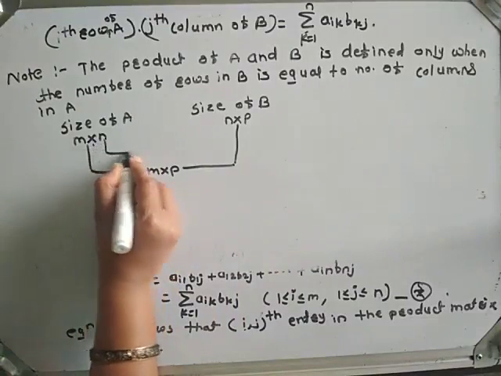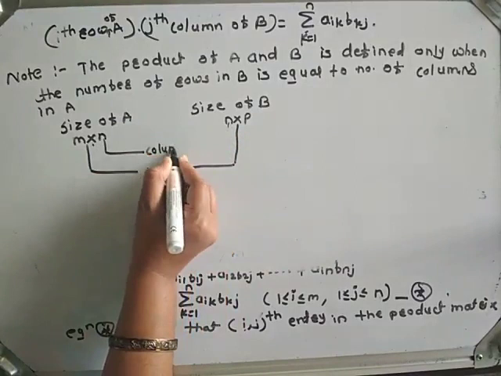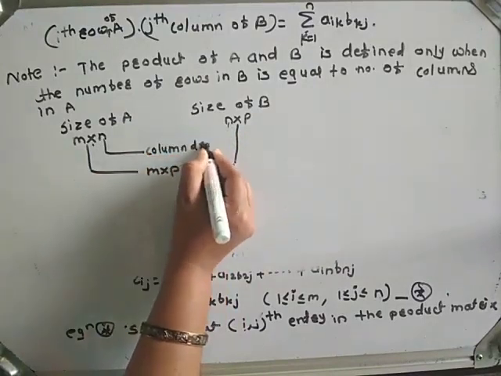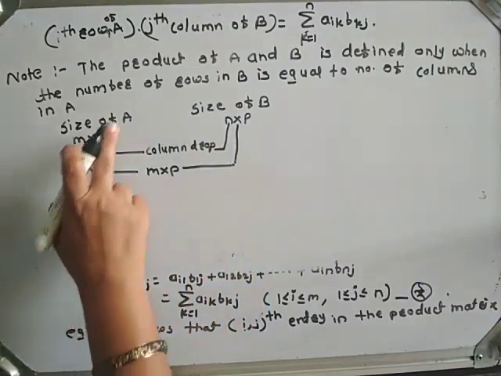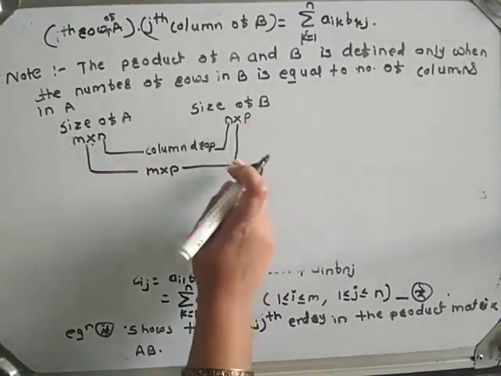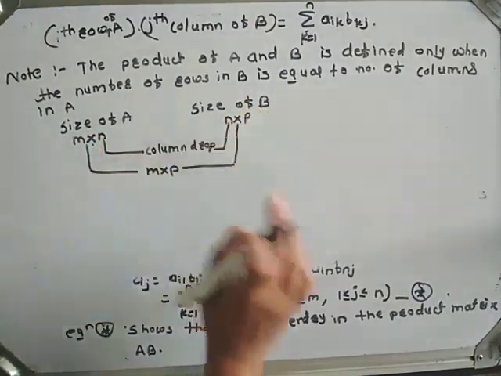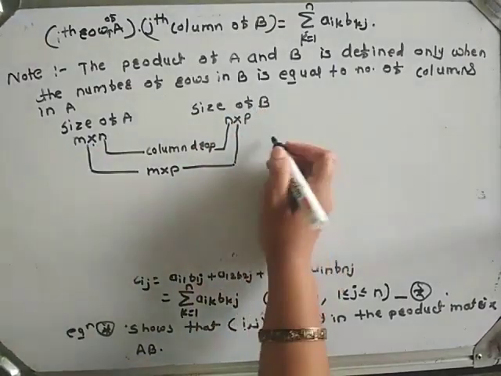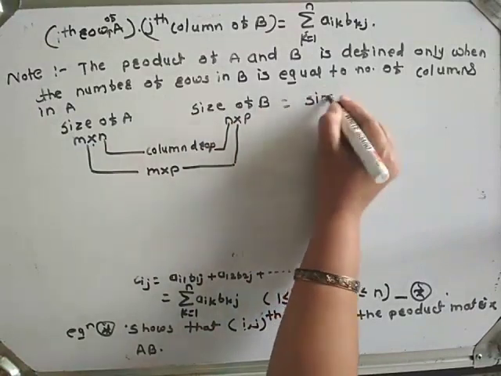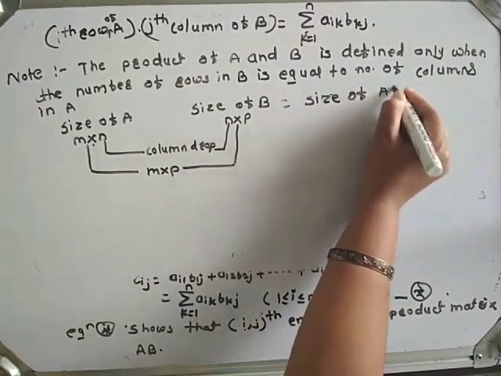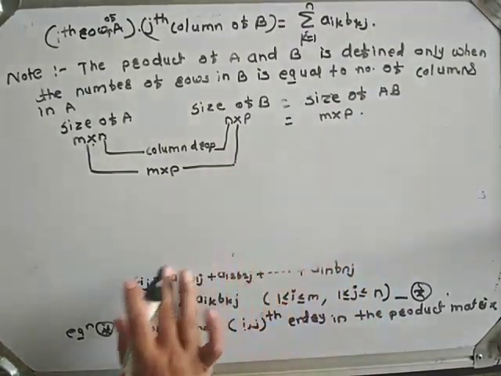For this we draw the rows of A, and for this the columns of A and rows of B, which is equal to the size of AB, which is m by p.